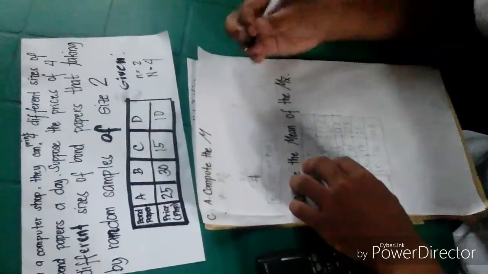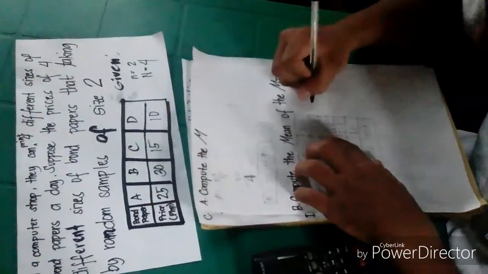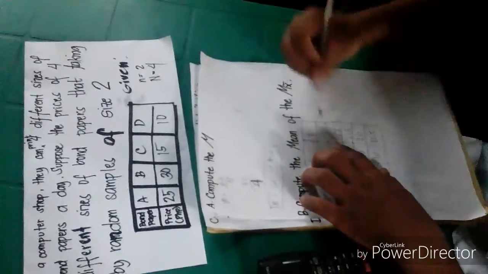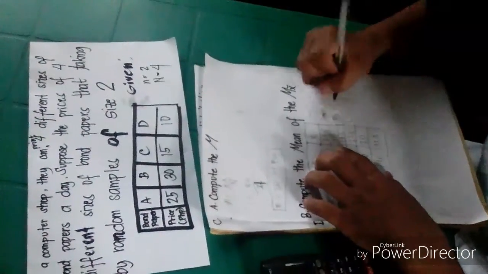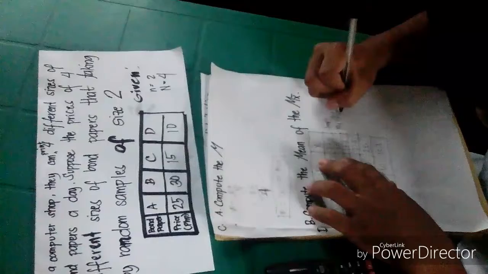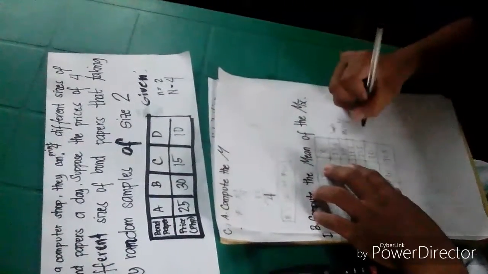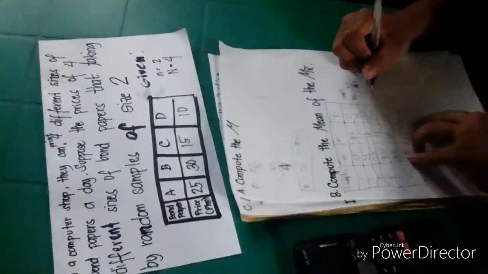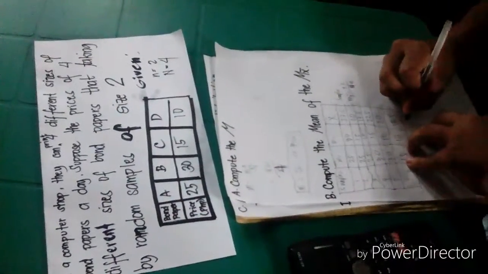In the formula of sample mean, mx equals summation of x over n. Then add these, you get 45.